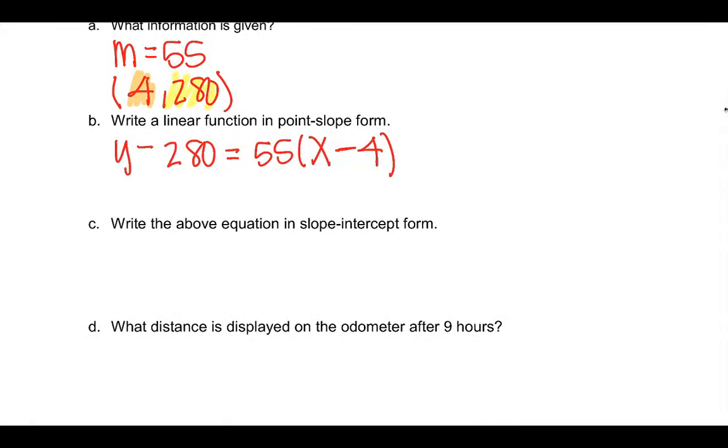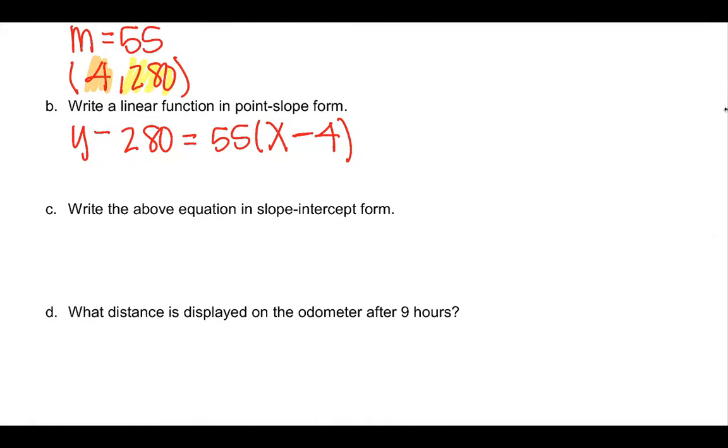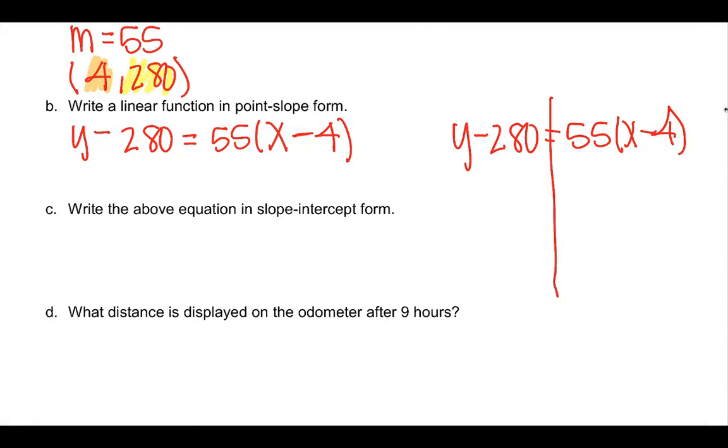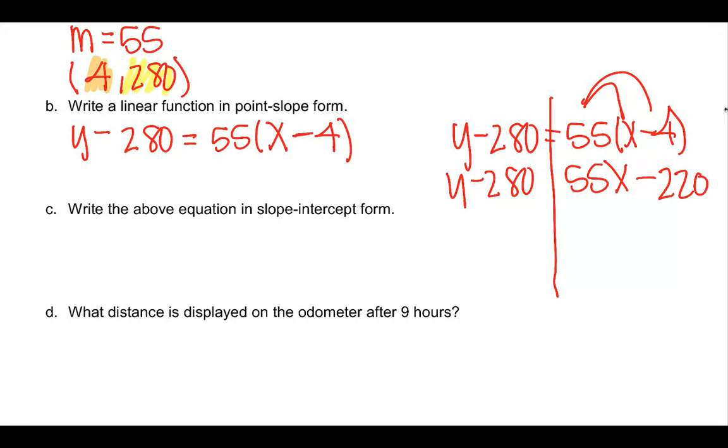And then in C, it says write the above equation in slope-intercept form. So all I have to do is solve for y, get y by itself. I'm going to draw my line, simplify the right, and I've got y minus 280 equals 55x minus 220.